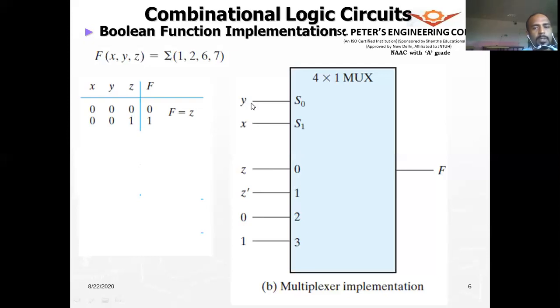From the understanding of the mux, S0 being the lower and S1 being the higher bit: if S1, S0 is 0, 0, then I0 will be selected. If S1, S0 is 0, 1, I1 will be selected. For the 1, 0 combination, I2 will be selected. For the 1, 1 combination, I3 will be selected.